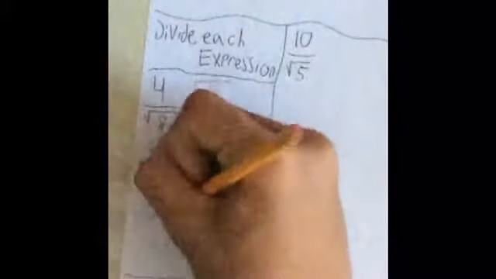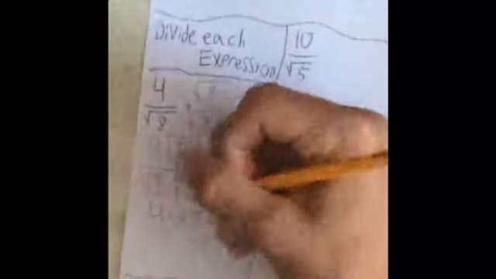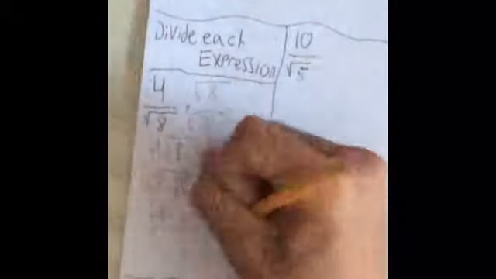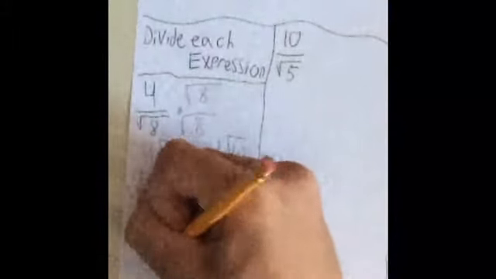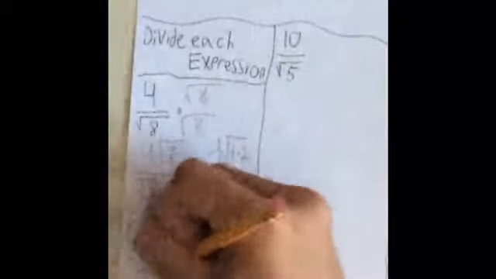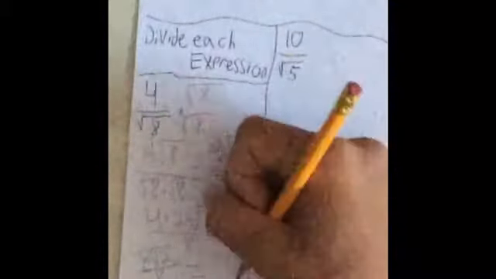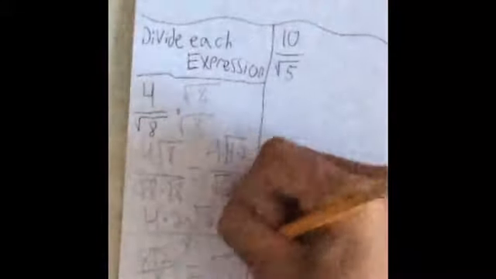So you're going to get 4 times 2 times rad 2 over 8. Now we're going to simplify that again. So it's going to be 8 rad 2 over 8. And multiply that. Final answer is rad 2, because you can cross those out.